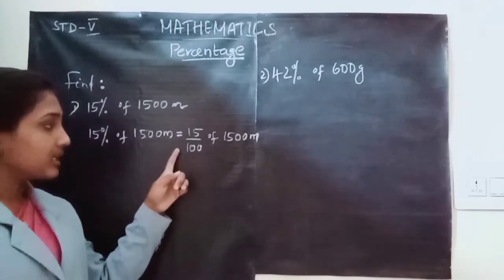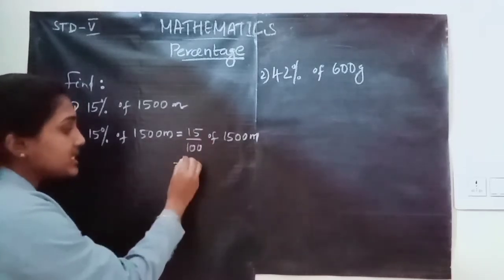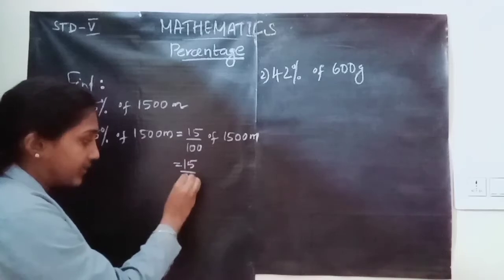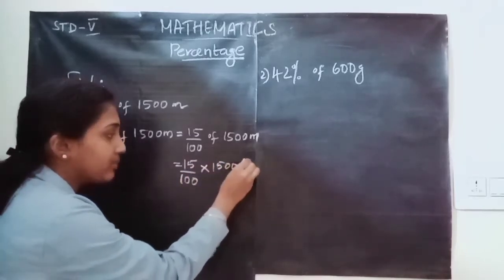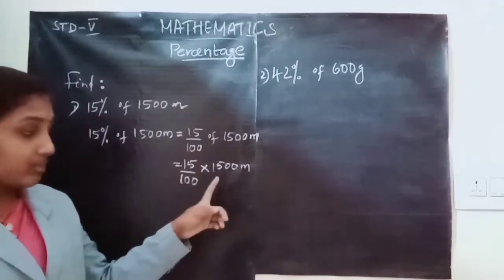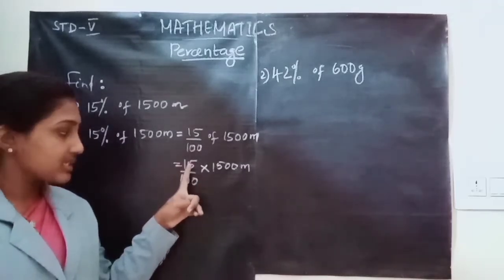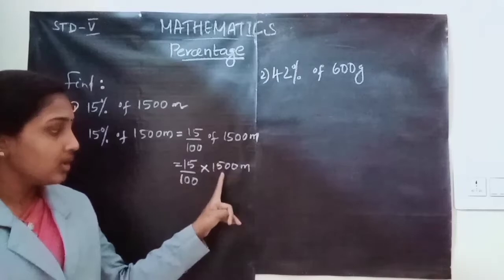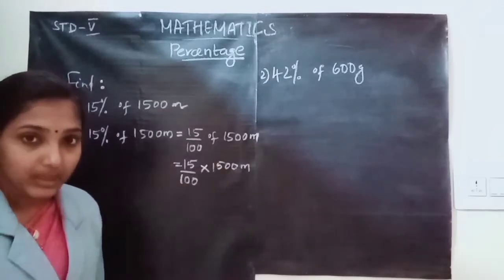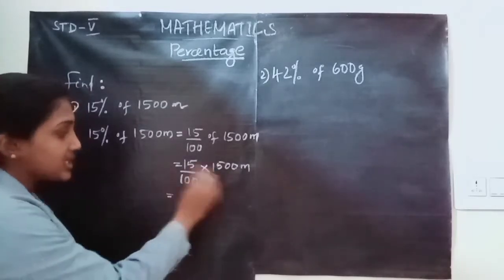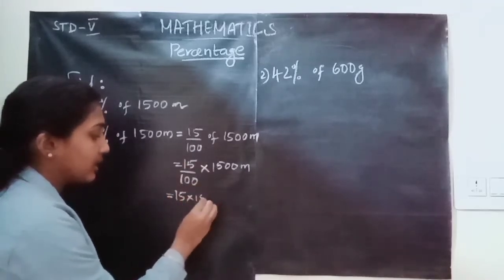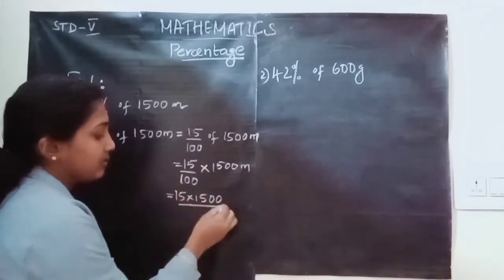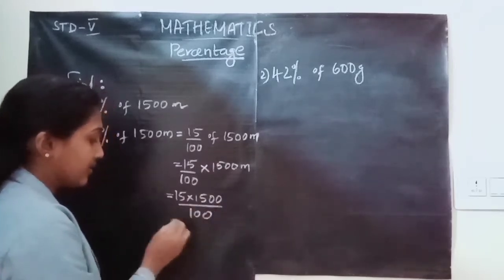So it is 15 by 100 into 1500 meter. Here we have to do the multiplication. Okay, and just doing the multiplication, it's 15 into 1500 divided by 100.